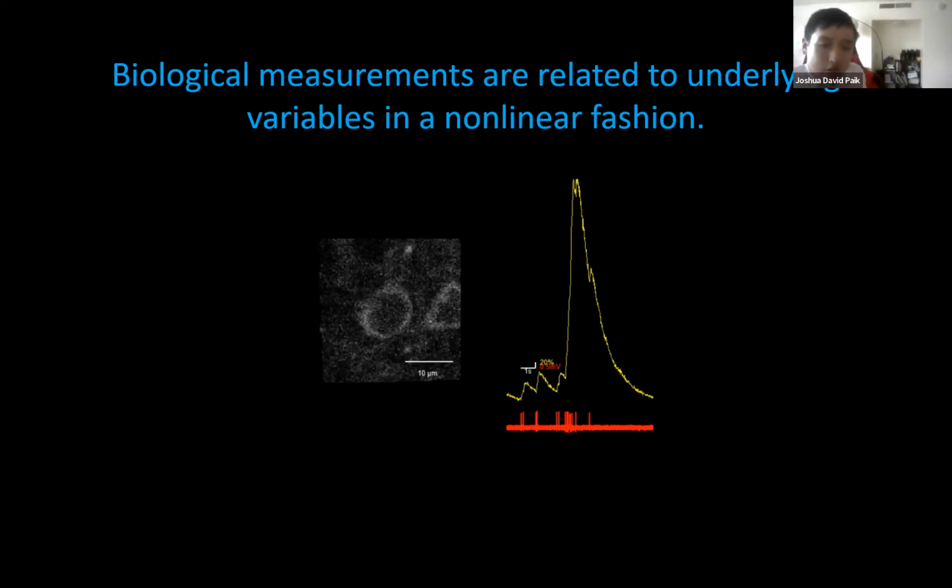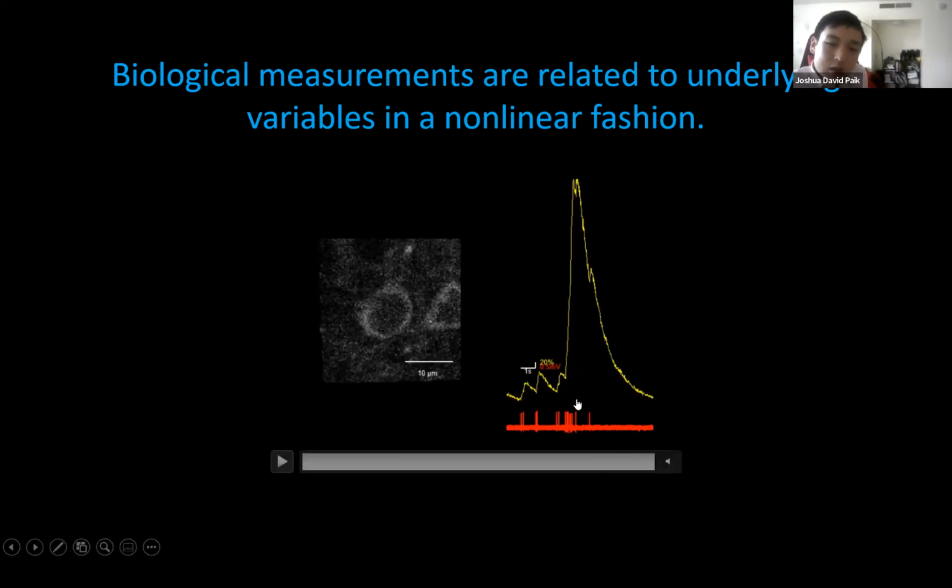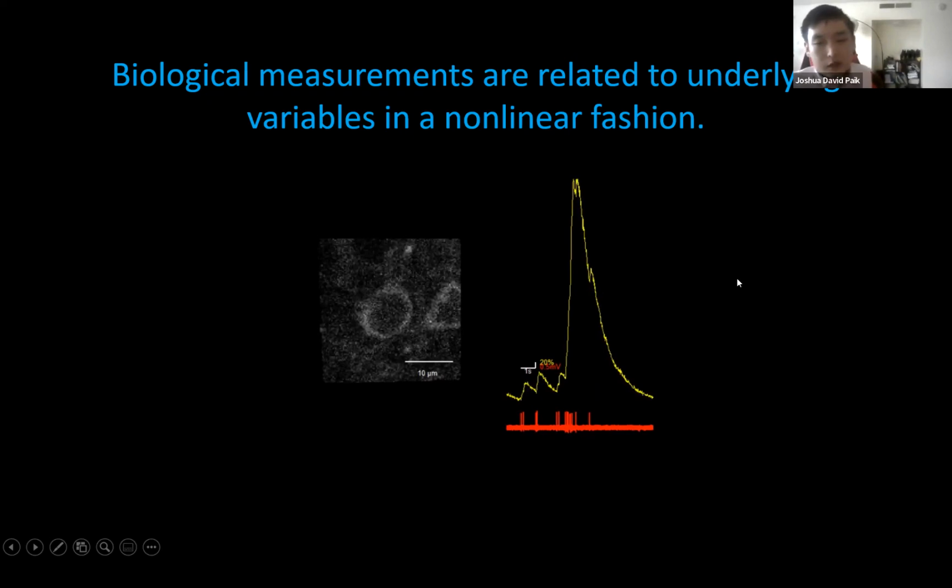The way we think about how calcium imaging data works is, if we think of the electrophysiology data as delta functions, the calcium imaging data is just a convolution of these Dirac delta functions with an exponential kernel.